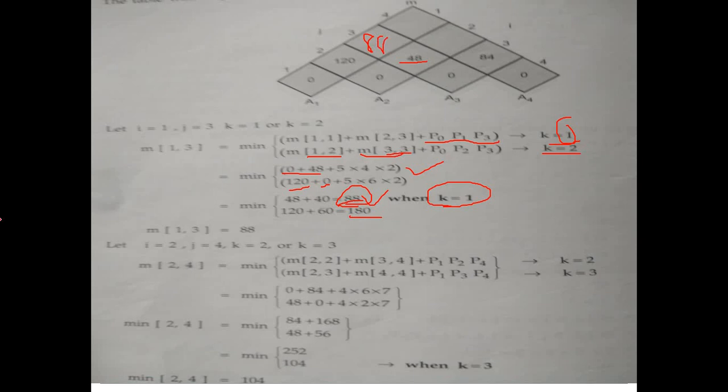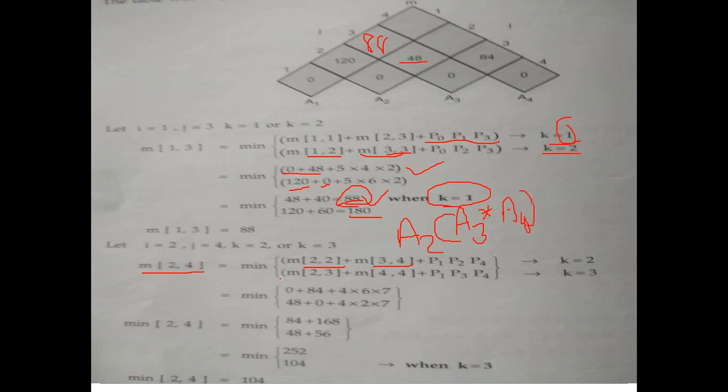Now in the same way we can find our M24. For finding M24 we will have another two ways here. M22 and M34 means a multiplication of our A2 with the result of multiplication of A3 and A4.